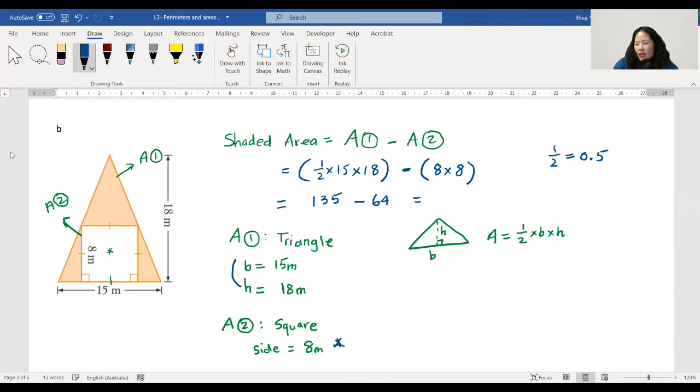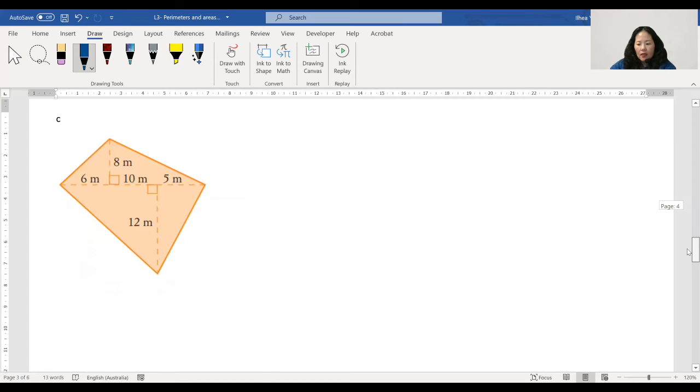Now put that in your calculator, you will get 71 meter squared because it's area. Okay, so be very careful because this one we had 2 different shapes, therefore we'll have 2 different formulas to use.